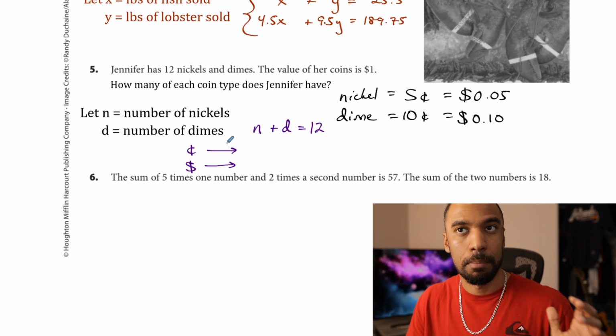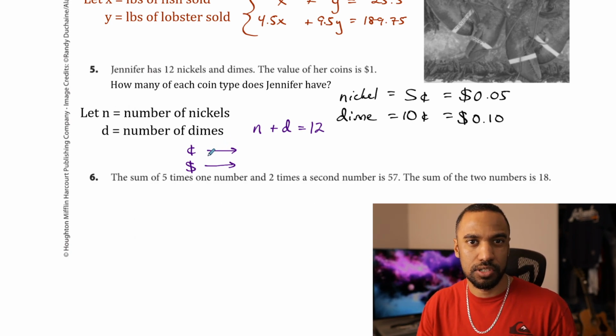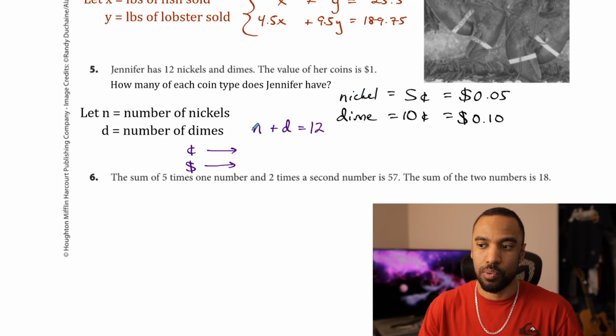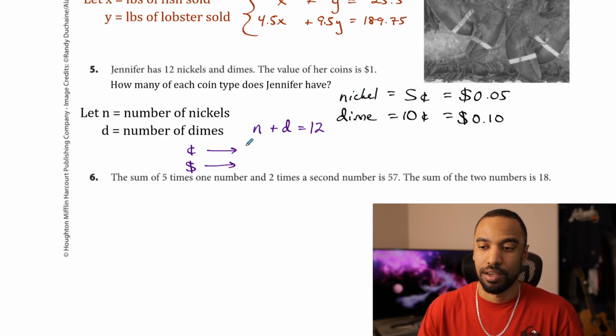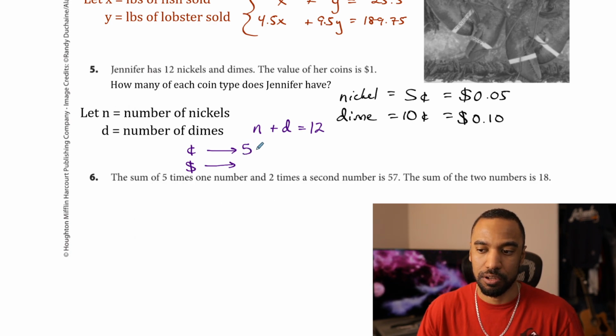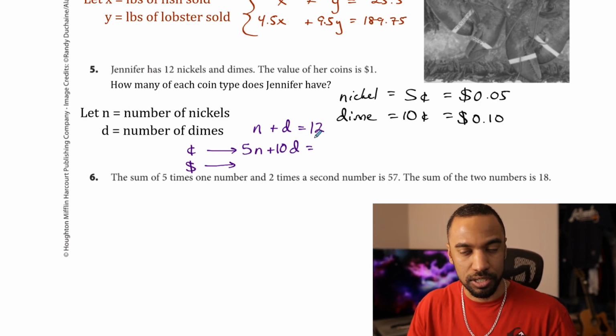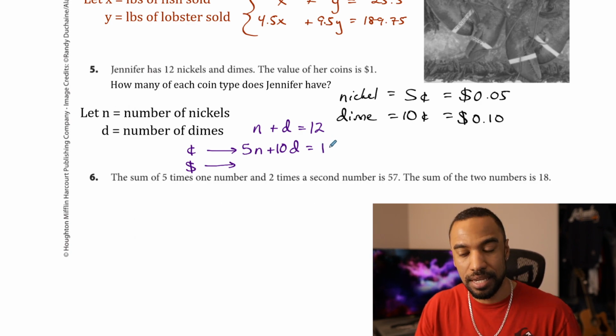You can't merge cents with dollars in the same equation here. So you can either do a cents equation where you say 5 cents per nickel times the number of nickels plus 10 cents per dime times the number of dimes equals, now here's the important part, some people will say $1, but you can't do that.